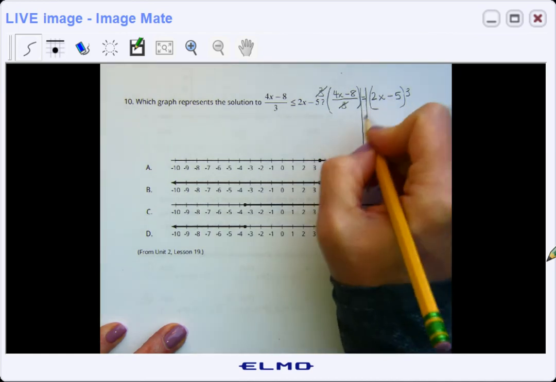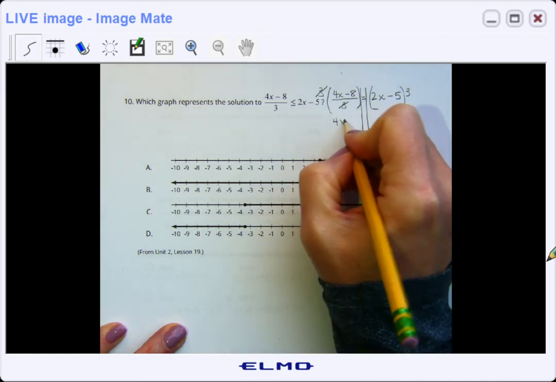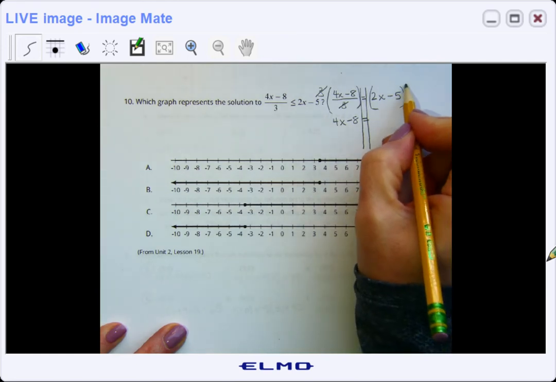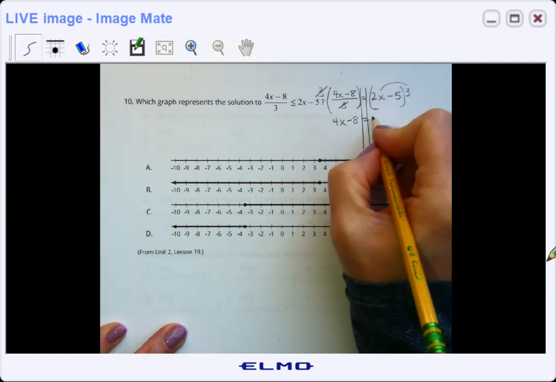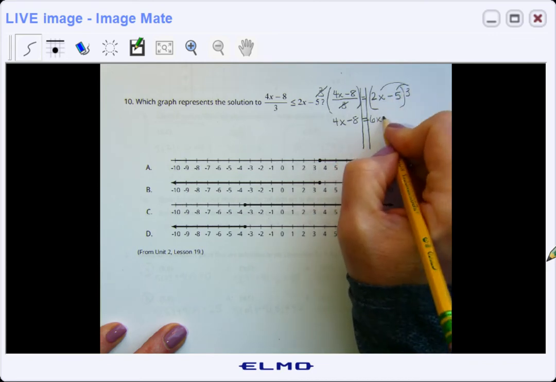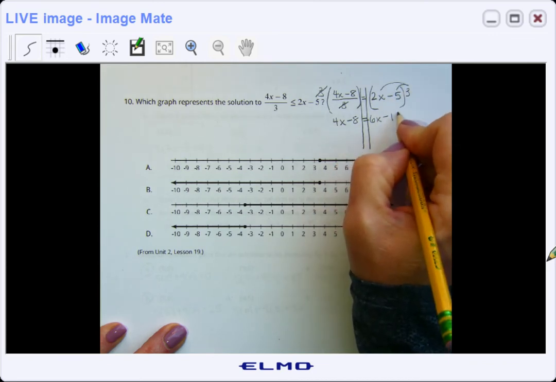So on the left side, we get 4x minus 8 equals, and then distribute the 3. 3 times 2x is 6x, and minus 3 times 5 is 15.